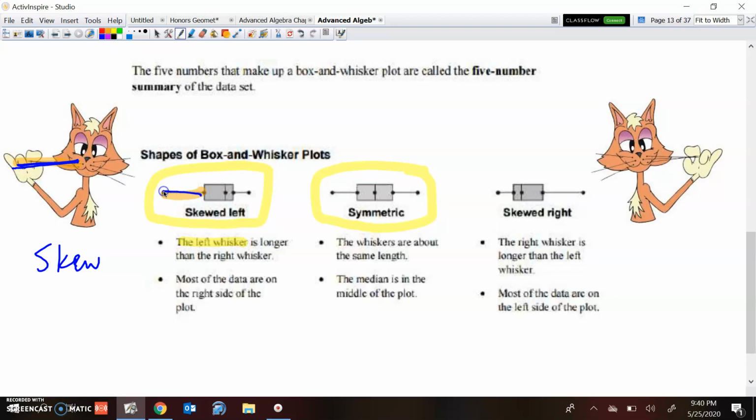And what that means is that most of the data are on the right side. So it's skewed left, it's spread out here, but most of the data are comprised right here. With this last one rather, my right whisker is the longest one, like we have here. So we still have our cat skew, and that right whisker is what's longest, and that means most of the data are congregated there on the left side. Okay, we'll talk about how to label those with an example.